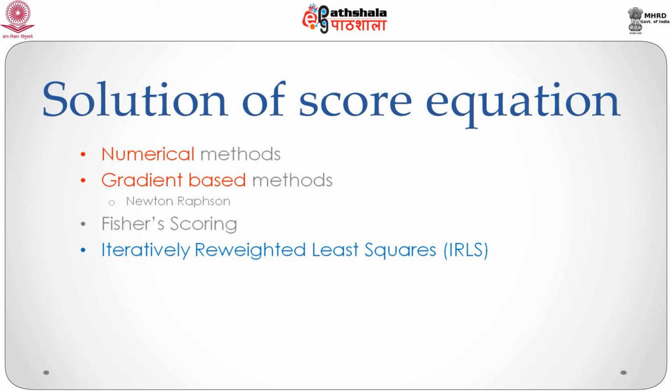We shall see that each iteration of Fisher's scoring turns out to be related to the familiar least squares which we have seen in our preliminary modules on regression, and hence the solution of the score equations can be done using an algorithm called iteratively reweighted least squares.